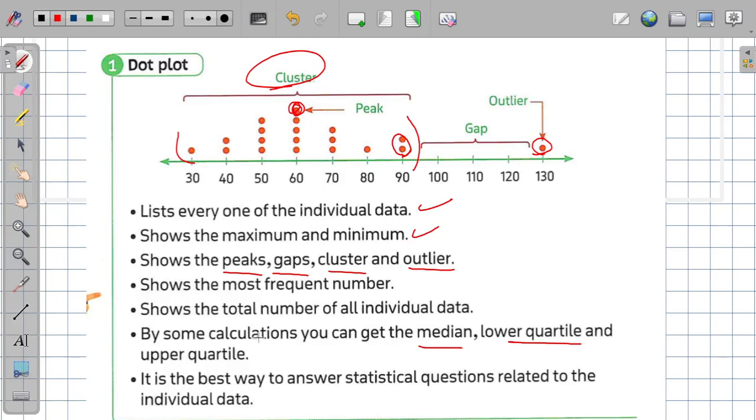And it is the best way to answer statistical questions related to the individual data. So when we want to choose a way to represent individual data, this is the first and the best way to represent them.